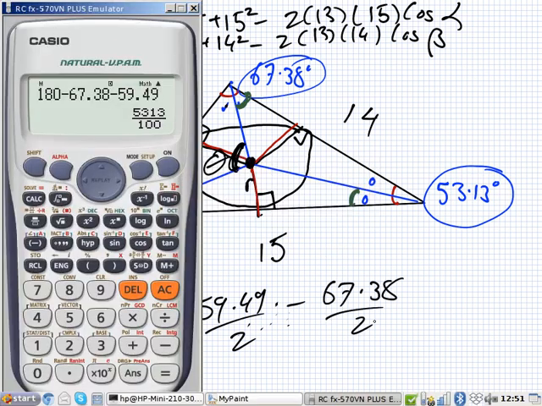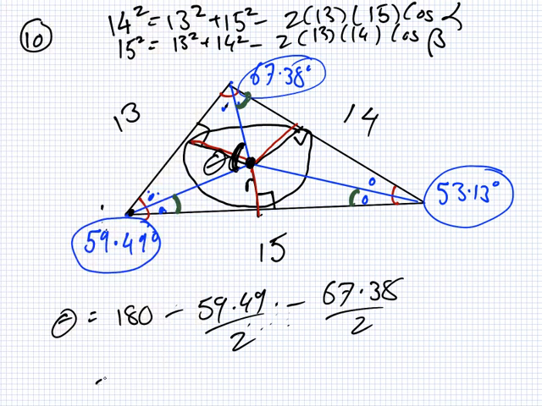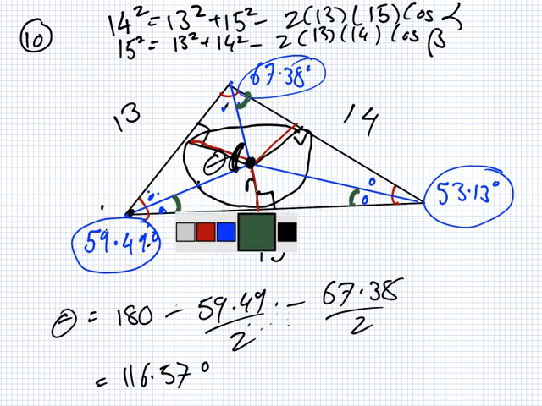That's 116.57. Okay, if I know this and this and I know this, I can know this. If I know this and this, I can know this. Good.